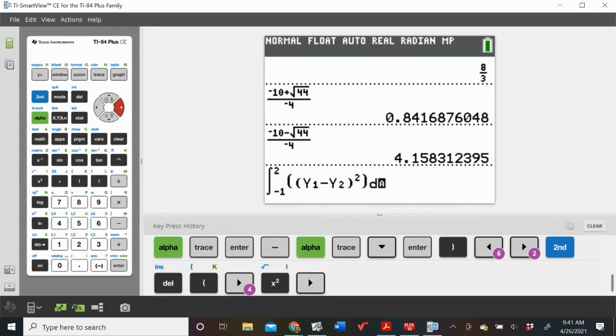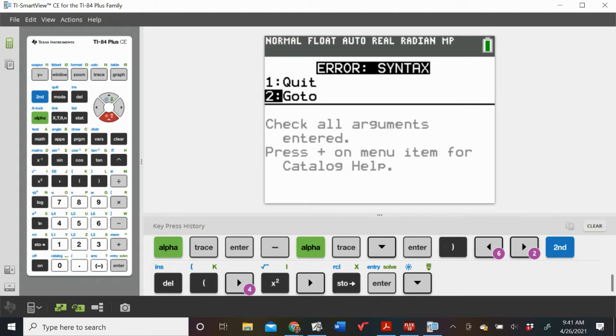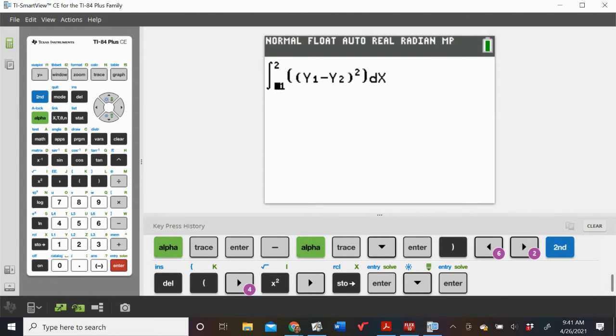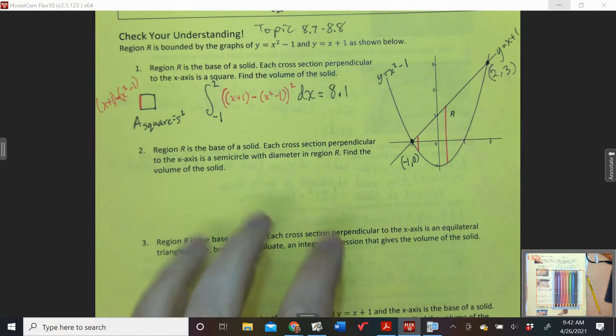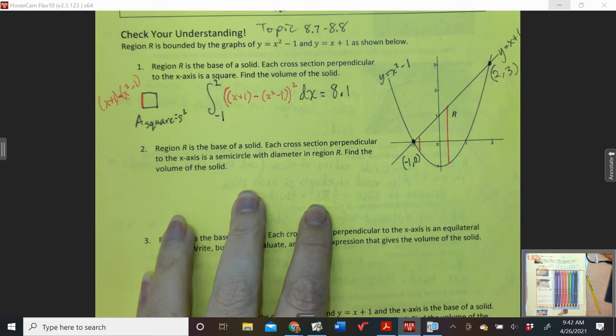Squared x. 8.1. Which means it wouldn't have been that hard to integrate if I got a nice clean number like that. It's 8.1. And that's it. So the hard part is setting up. That's always the hardest part. Okay.